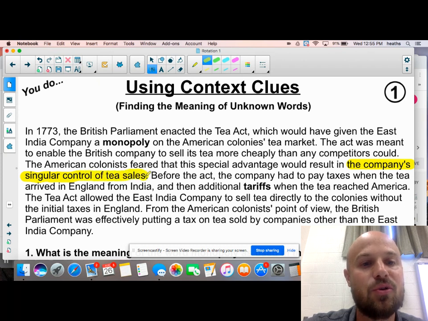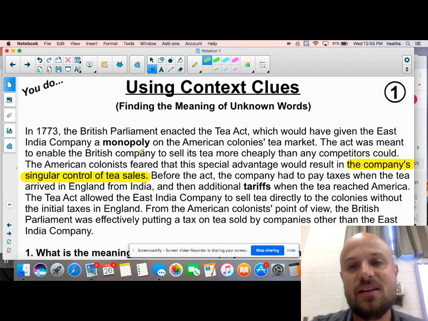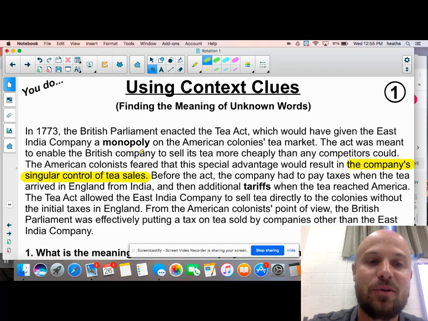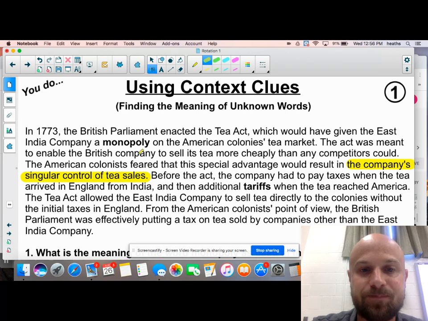So they would have total control of tea sales. Typically, within a couple of sentences of that word, there will be something that helps give an explanation of what it means. So, people were fearful of this monopoly, and what a monopoly is, is singular control. In this case, over tea sales, but monopoly would mean total control over an industry.